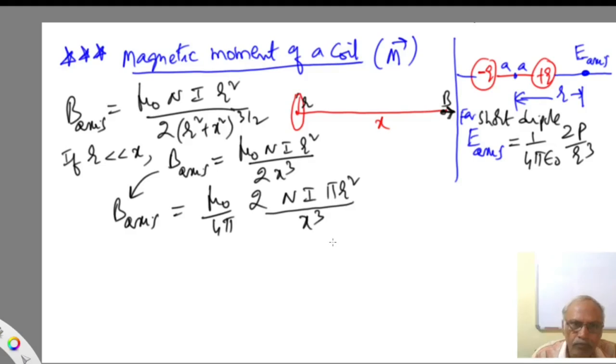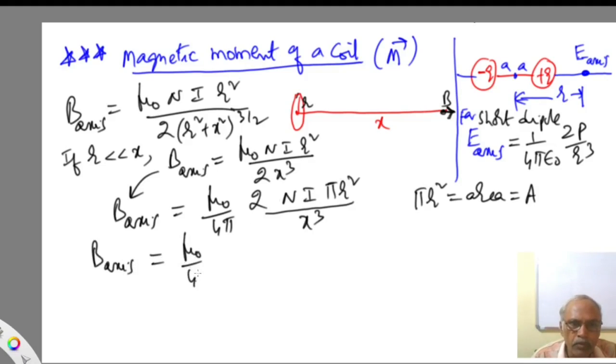Okay, same. Now, pi r square is nothing but the area of the coil, A. So the magnetic field on the axis of a circular loop is equal to mu naught by 4 pi, 2 n I A by x cube, where A is the area of the coil.